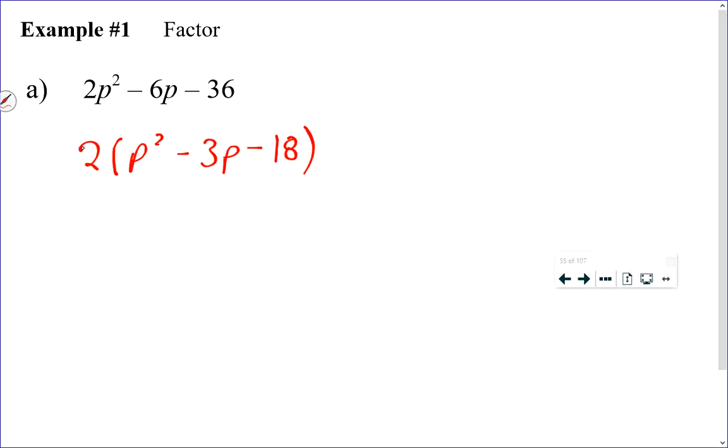But I take a 2 out. Now I'm looking at factoring this and saying what 2 numbers multiply to give negative 18 and add to give negative 3. That would be negative 6 and 3.